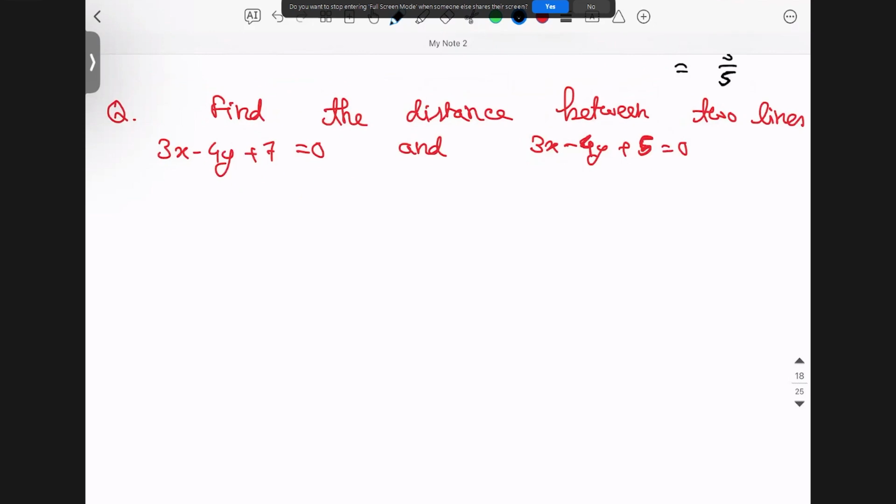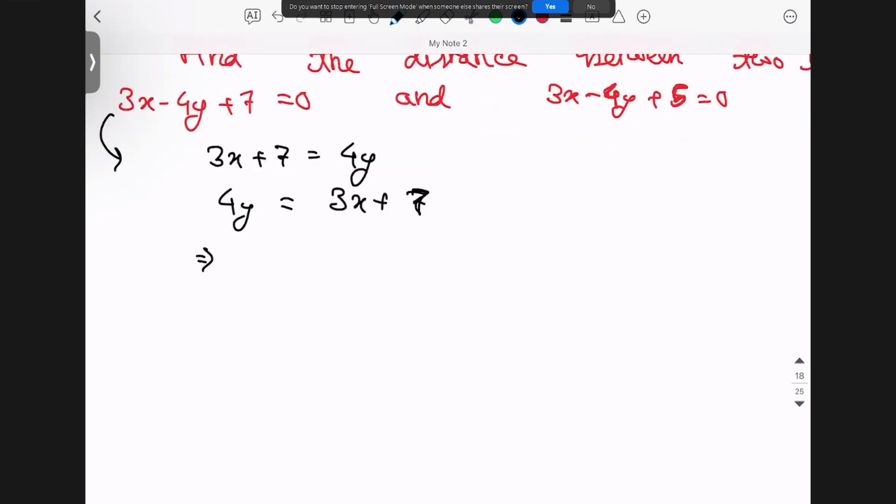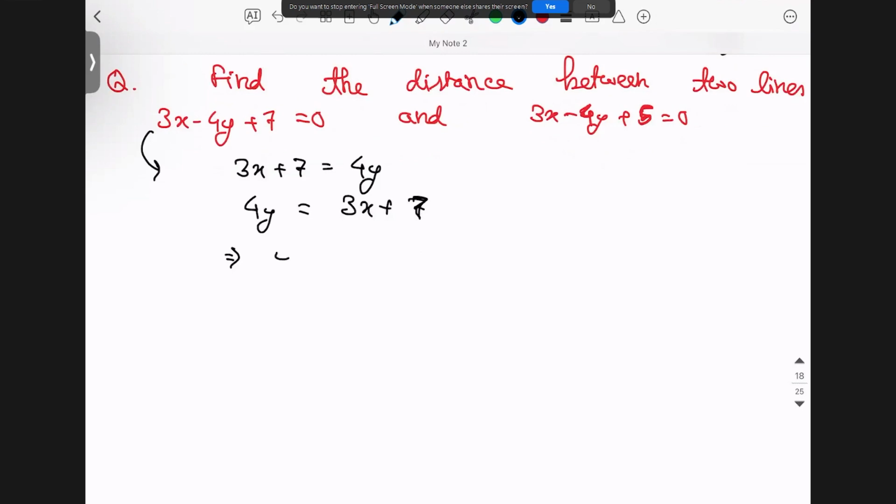If I rewrite this equation, it will look like 3x plus 7 equals 4y, or 4y equals 3x plus 7. Dividing both sides by 4, this further implies y equals 3 by 4 x plus 7 by 4.